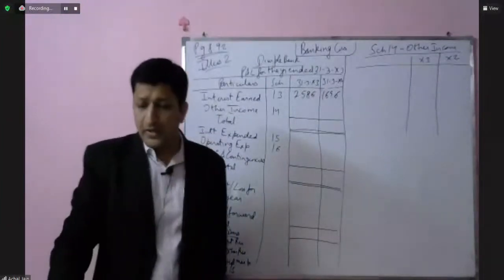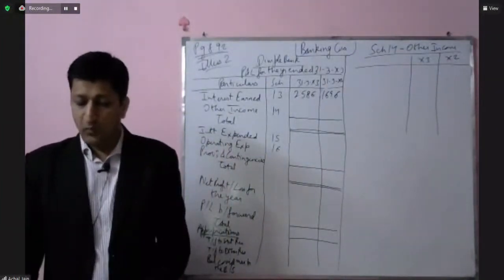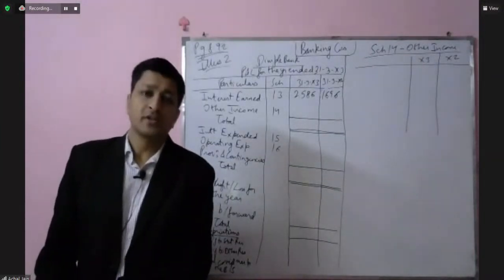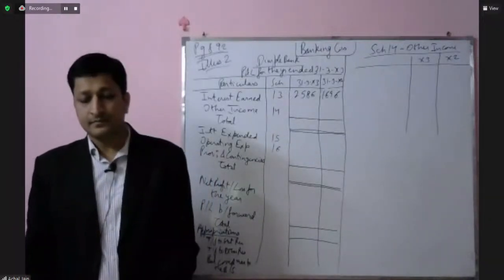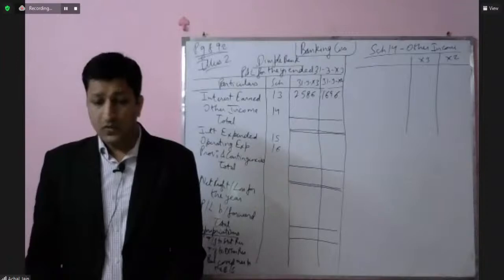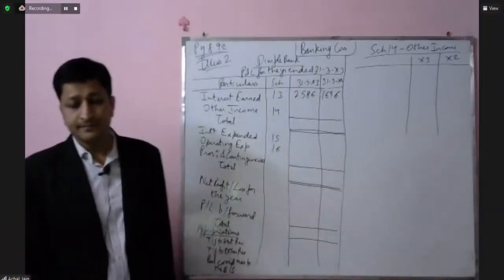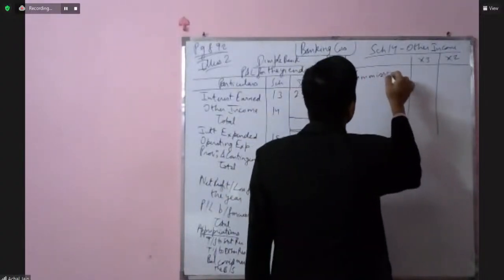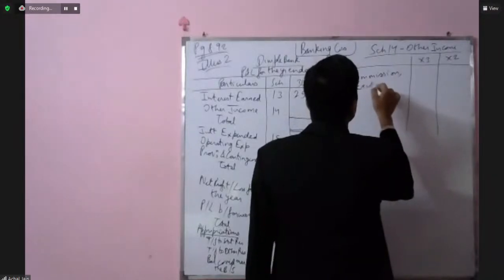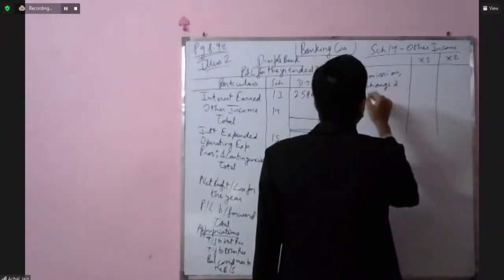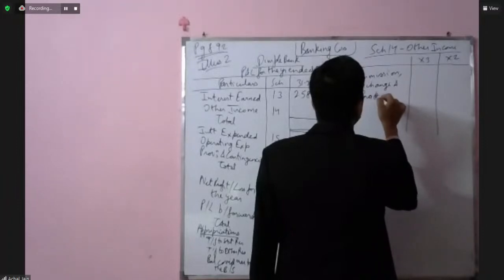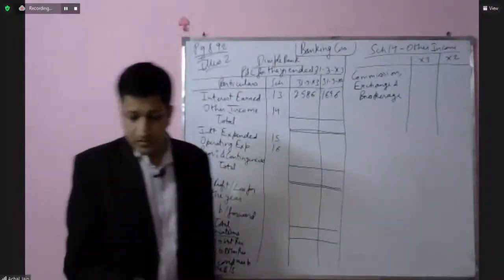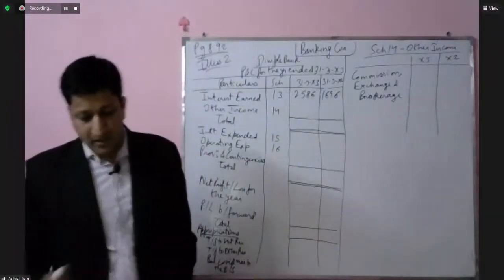Now in terms of other income, let's understand what items we will move. Commission, exchange and brokerage will go to other income. So this is 712 and 722.